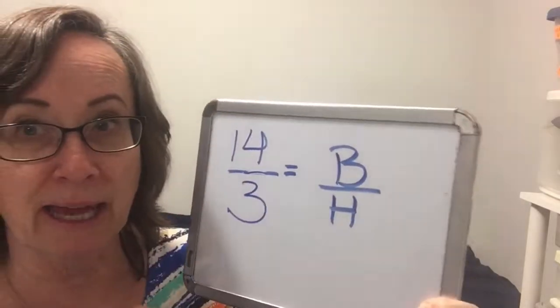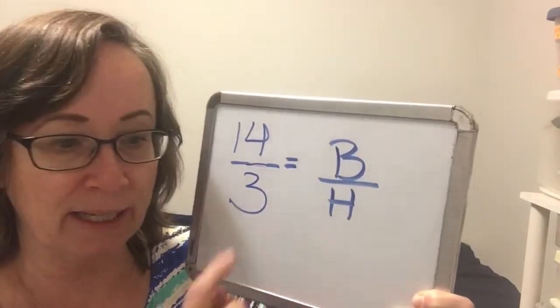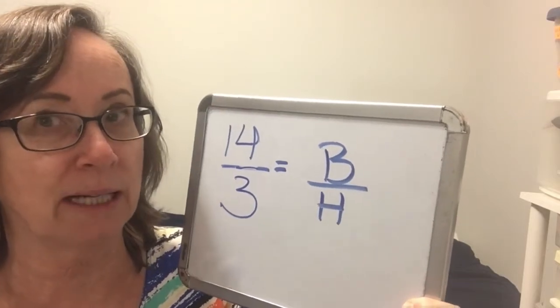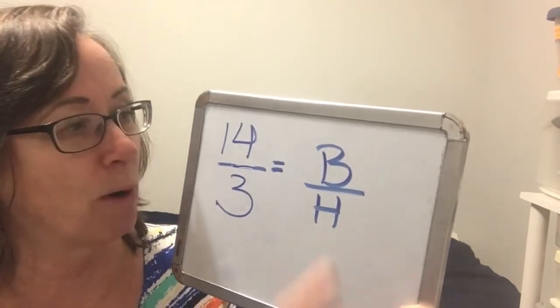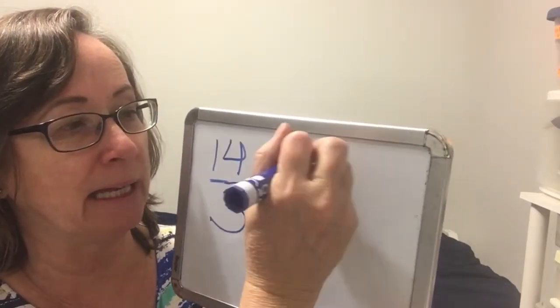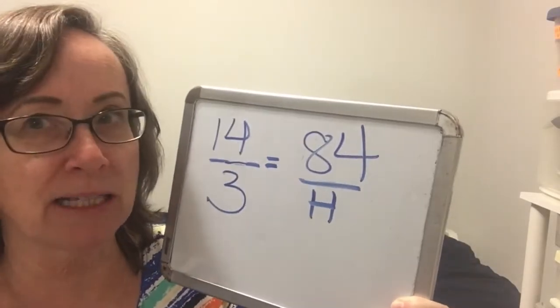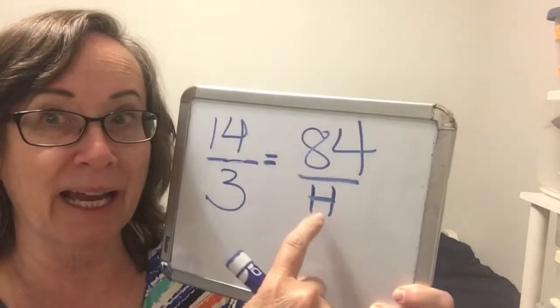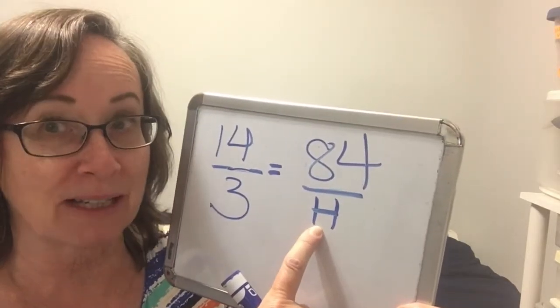That's the ratio they gave me. And then over here, since I'm looking for how long will it take to fill 84 bags, right here, I'm going to put my 84. So basically, I lost all my units, but my unknown number of hours is right there.